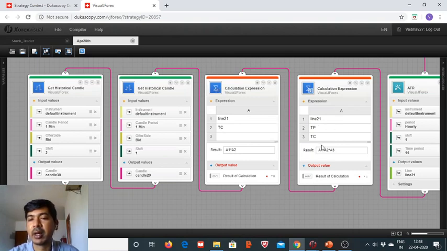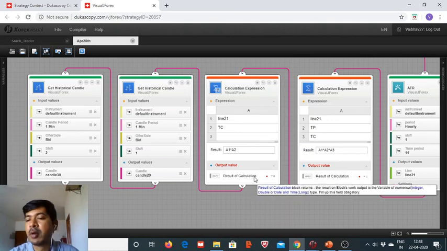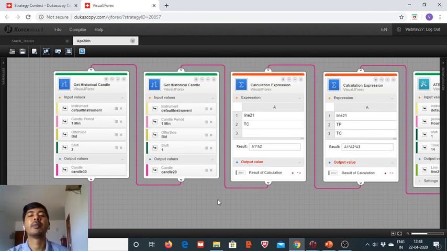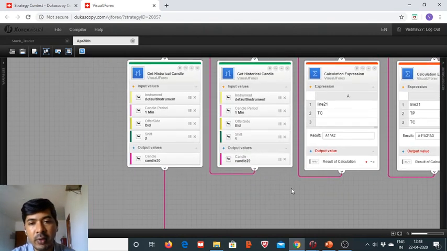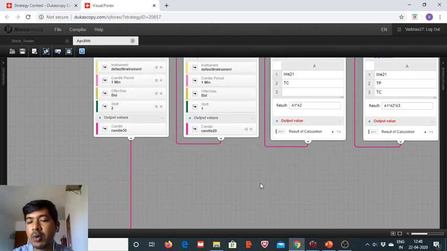So for that we have done this calculation, but we need to do the type conversion, and for that we have left these output values blank for the time being, and then we will do the type conversion from the double to the integer, and then we will fill up that space as well. Then we got these historical candles on the 1 minute time frame, just to look at the value.